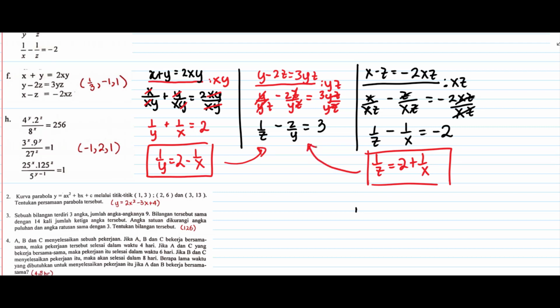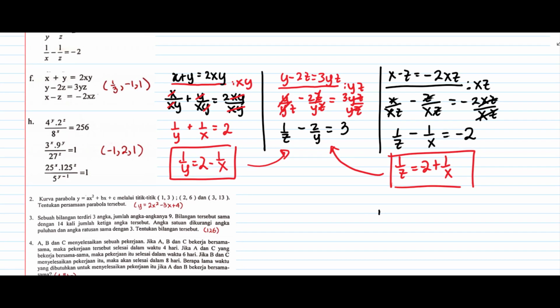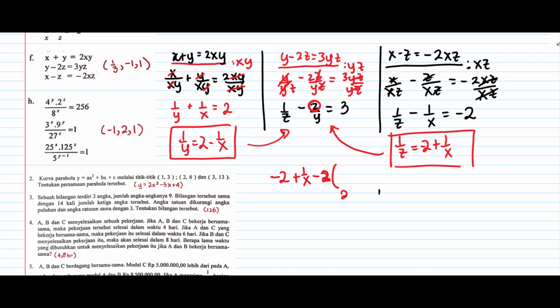So 1 over z will be changed into negative 2 plus 1 over x, and then minus 2 in the bracket 1 over y. Because there is a 2, I have to write 2 right here. And then the 1 over y, I substitute with 2 minus 1 over x, equals 3. Okay, next, simplify them. Negative 2 plus 1 over x minus 4 plus 2 over x equals 3.